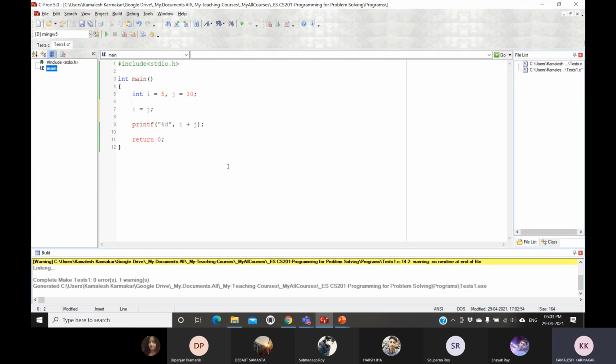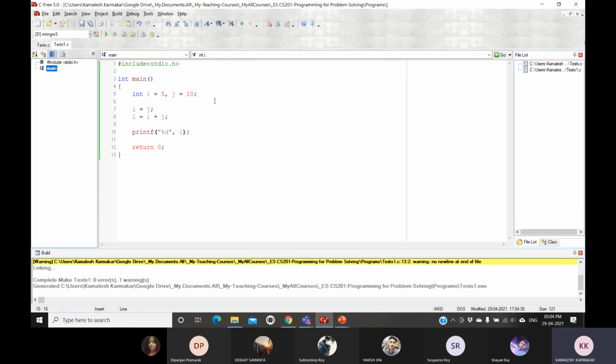Now if I write i equals the current value of i plus j, and I want to print the value of i, what will be the output? j is 10, i is 10, so 10 plus 10 is 20. The output is 20.